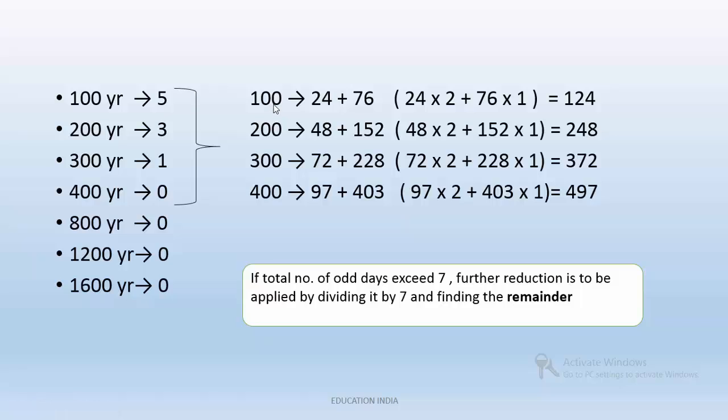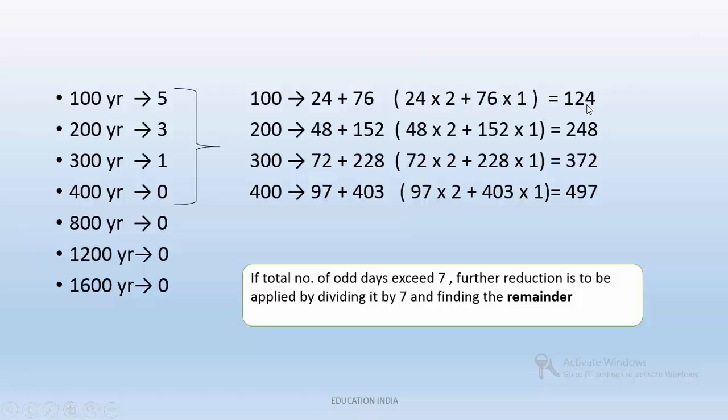Each of these 24 leap years will contribute 2 odd days, so the total number of odd days due to these 24 leap years will be 24 into 2. Each of these 76 non-leap years will contribute 1 odd day, so the total number of odd days due to these 76 non-leap years is 76 into 1. Adding these two, we will get 124.